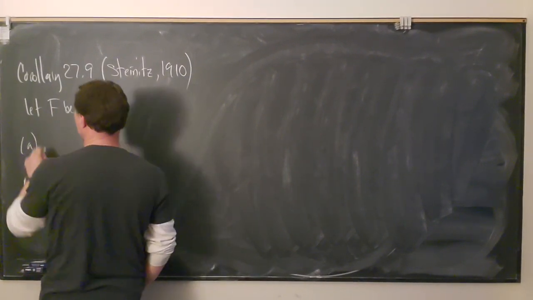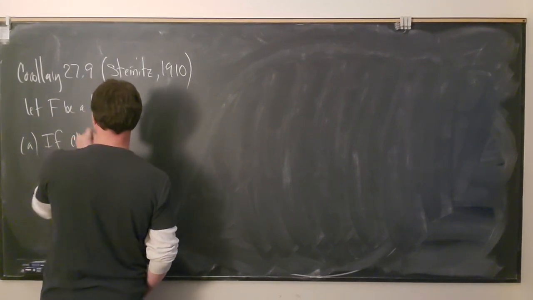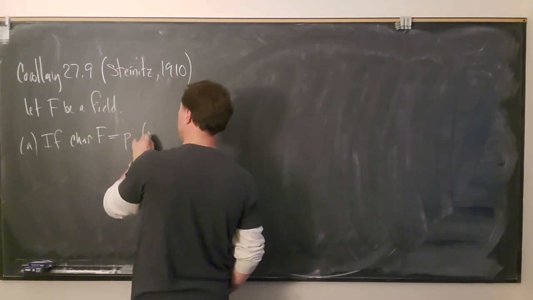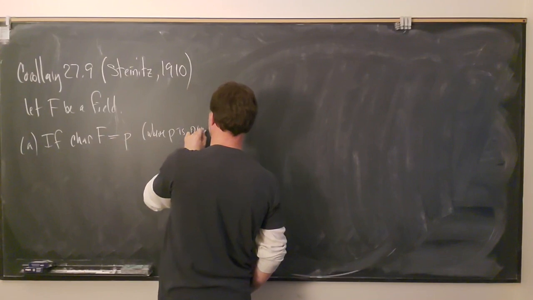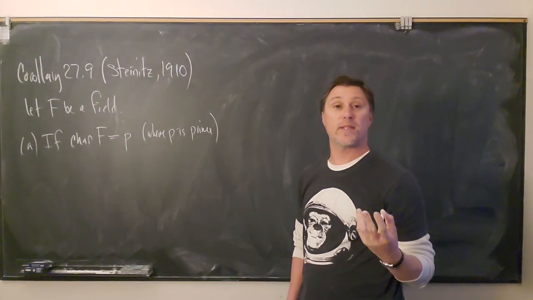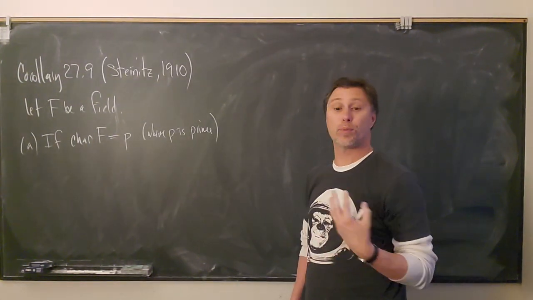It has two parts again. First part, if the characteristic of F equals p, where p is prime, remember, you proved this in homework: integral domains always have characteristic, if it's not 0, then it has to be prime.